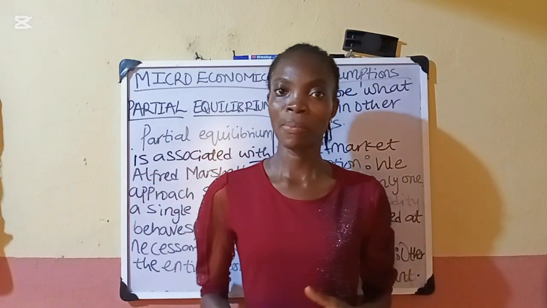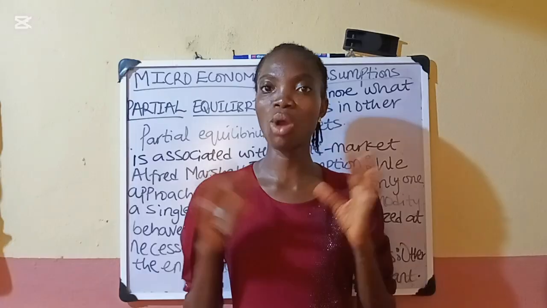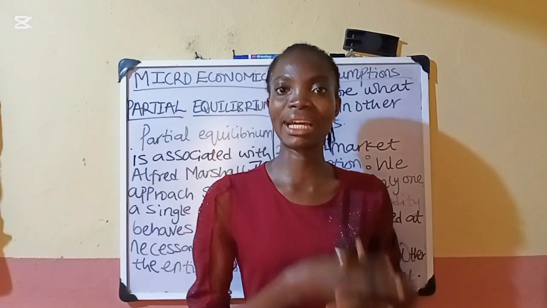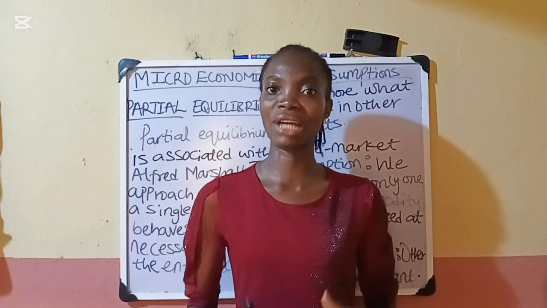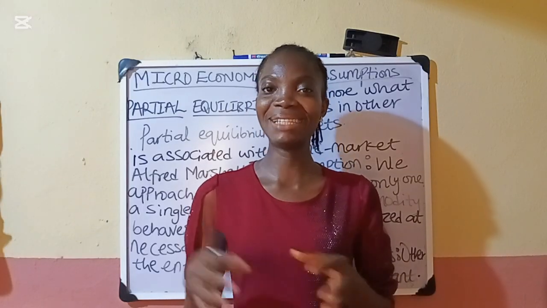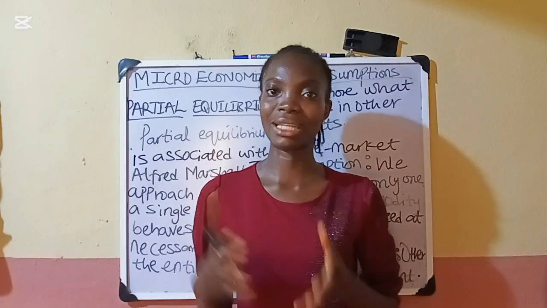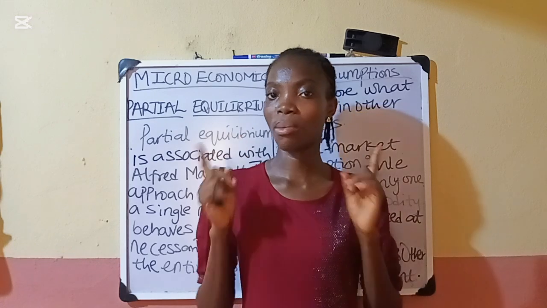Like I said earlier, instead of focusing on the whole economy, partial equilibrium analyzes one market at a time. So we assume that it is only one market that is being studied. You can simply put that in partial equilibrium, we only look at a single market.